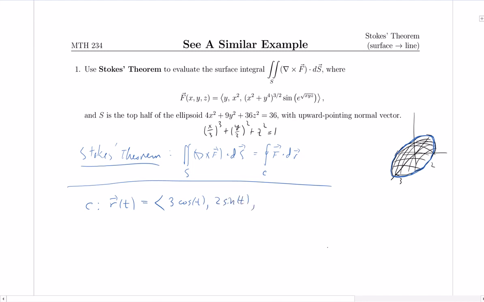And this curve C is completely in the xy plane, so the z component is 0. And we'll also want the derivative, because when we evaluate this integral over here, we'll need it for the dr. So r prime is minus 3 sine t, 2 cosine t, 0.